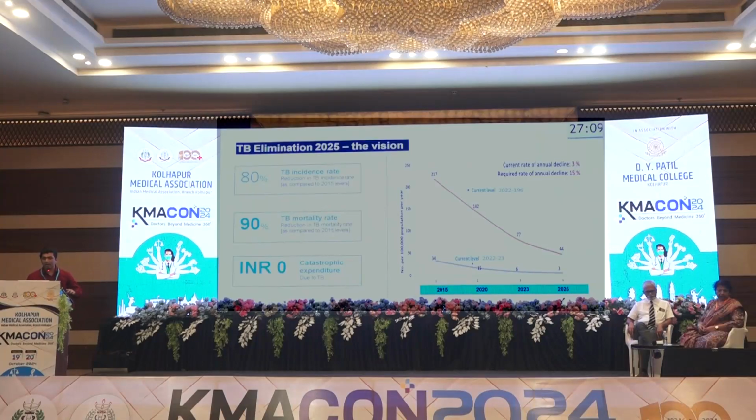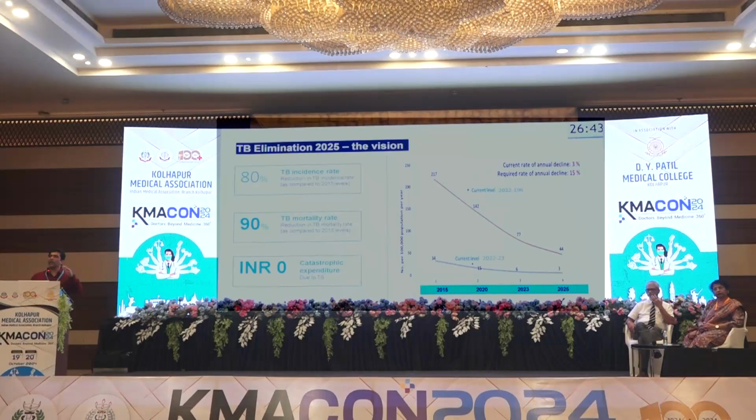Right now, at our current rate, the annual decline in incidence and mortality is only 3%. Expected is 15%. You can see the current level according to this Global TB Report 2023, which is based upon the data of 2022. According to that, incidence is 196 per lakh population, and current mortality is 23 per lakh population.